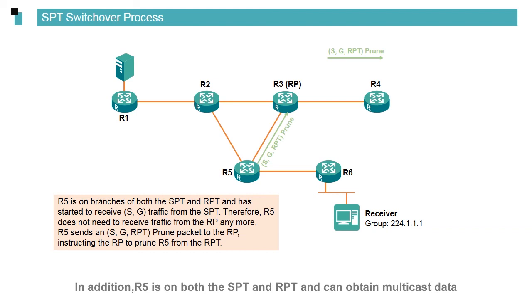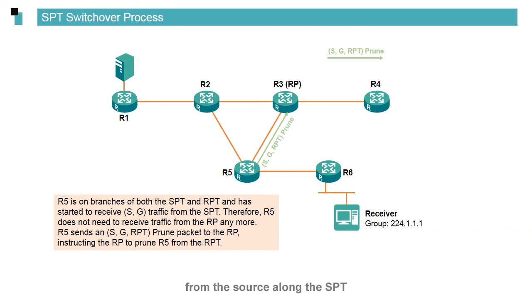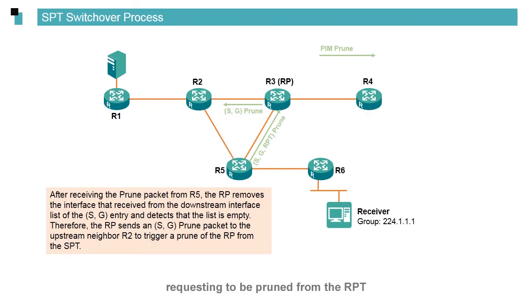In addition, R5 is on both the SPT and RPT and can obtain multicast data from the source along the SPT. Therefore, R5 sends an sgRPT prune packet to the RP, requesting to be pruned from the RPT.